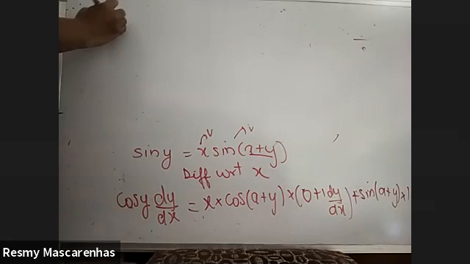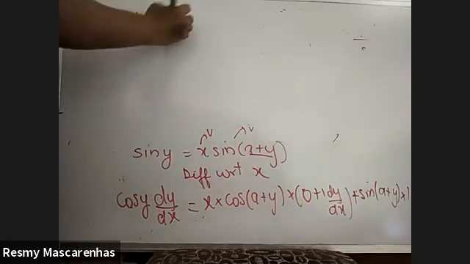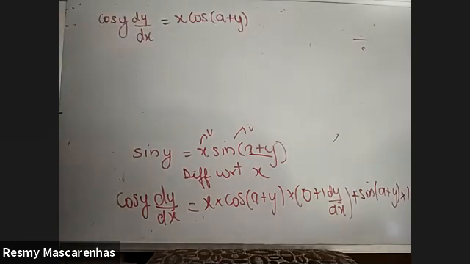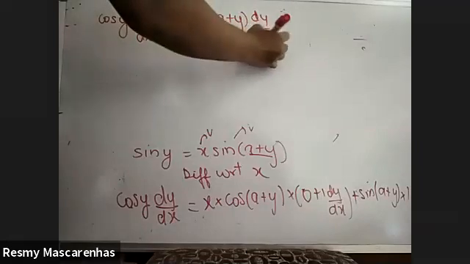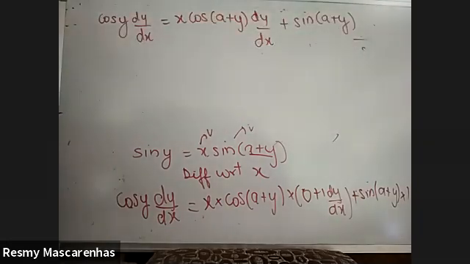So what you will get is cos y dy by dx, which is equal to x cos a plus y dy by dx plus sine of a plus y. Now bring the dy by dx terms to one side.